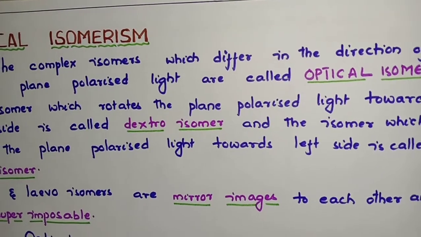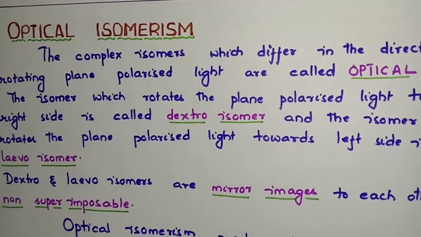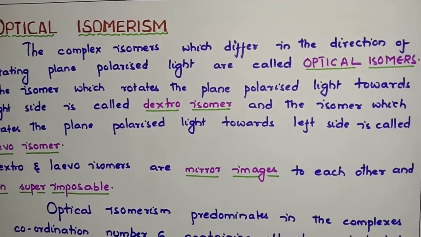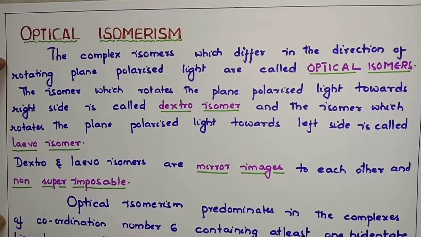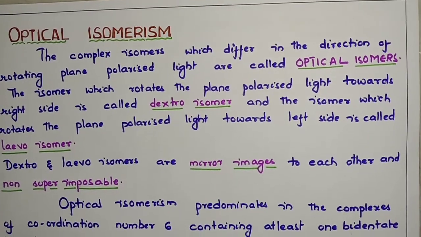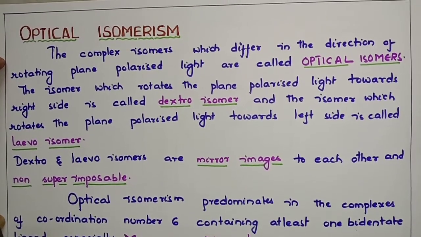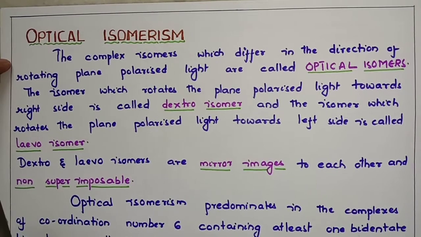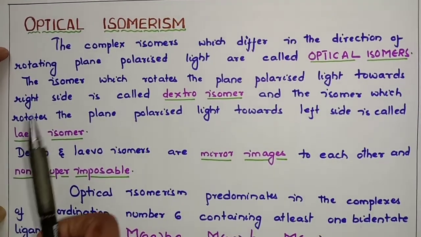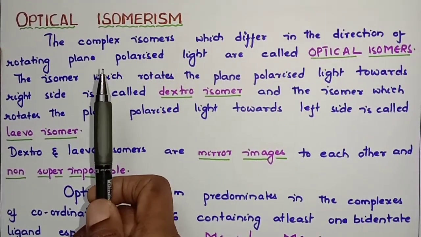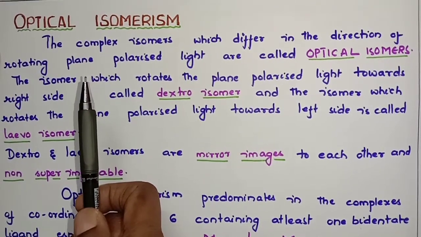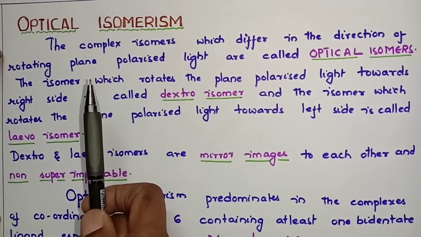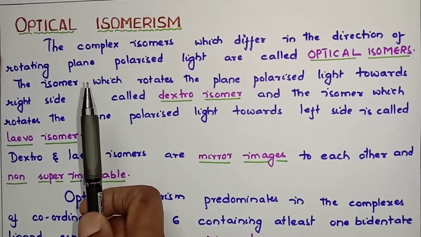Generally, you know, light travels in different directions. When this light is allowed to pass through a glass prism, then it travels only in one direction. That light is called plane polarized light. So, the complex isomers which differ in the direction of rotation of plane polarized light are called optical isomers.